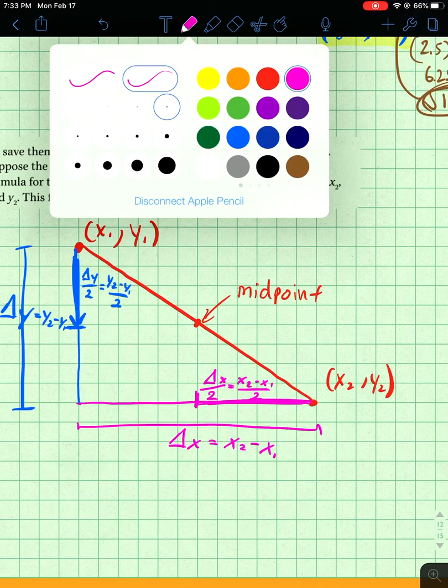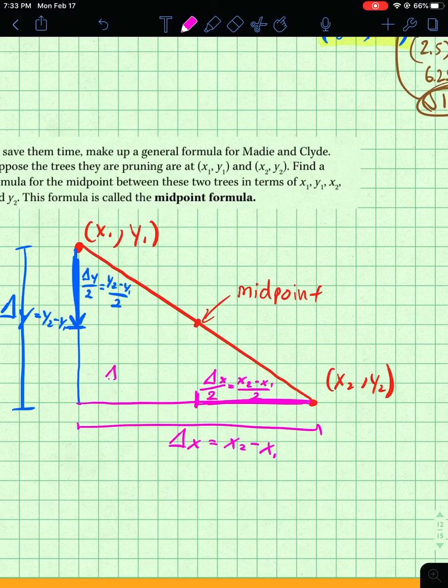So it doesn't matter where we label it, these are its two halves. So over here, it's change in x over 2 also, x2 minus x1 over 2. And in blue, just to be complete, this distance going down is again that change in y over 2, which is y2 minus y1 over 2.